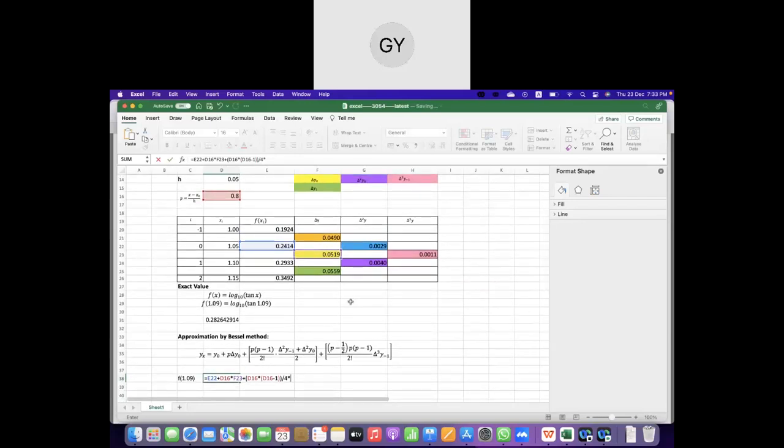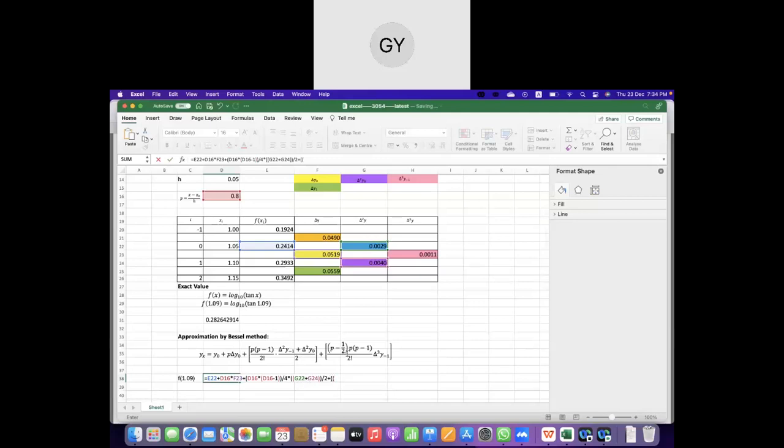So we bracket blue plus purple bracket divided by 2.